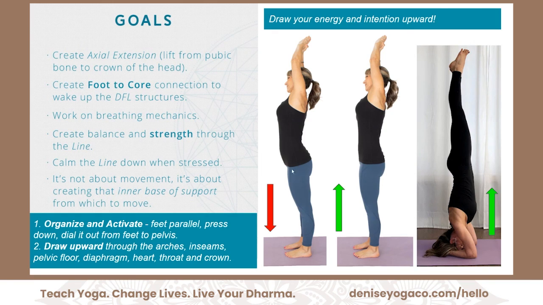But this energy, you can see, the pelvis wants to dump down. The thighs are pressing down. It's pulling the energy downward. Whereas this, where I'm organized and activated, I'm bouncing off the floor. I'm drawing my energy upward through my body. This is really easy to feel once you've had a little practice with it.